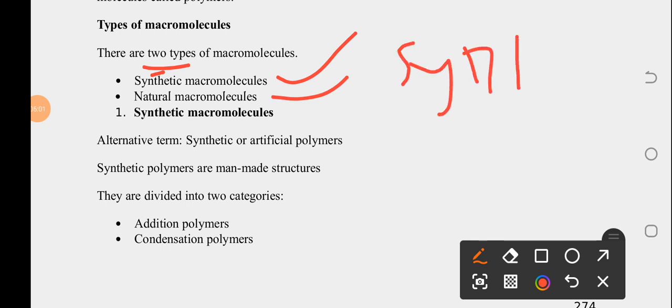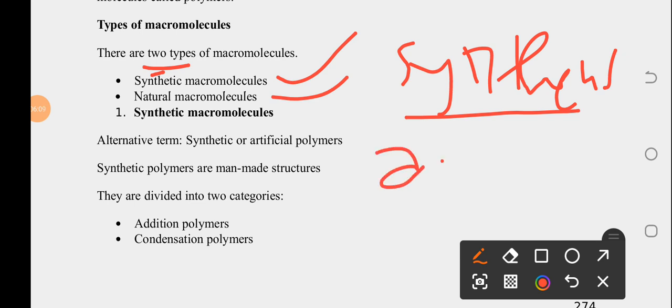Okay, so when you talk of synthetic polymers, synthetic, as the name implies, when you talk of something which is synthetic, it is something which is artificial, something which is just being produced by people. So when you talk of synthetic polymers, we are talking about polymers which are just produced by people, and that is the other term for synthetic polymers.